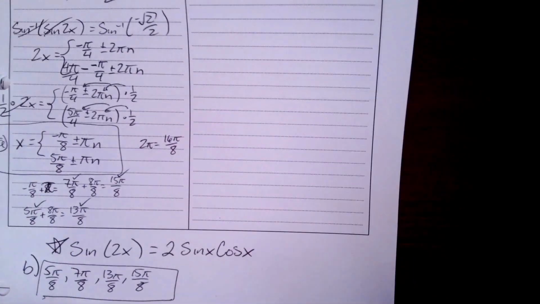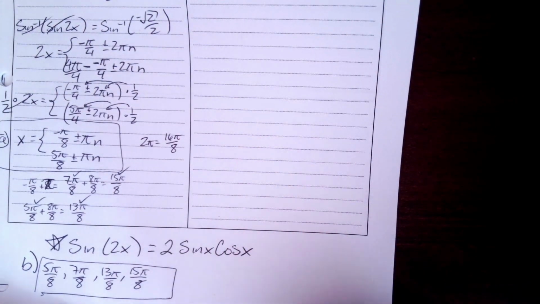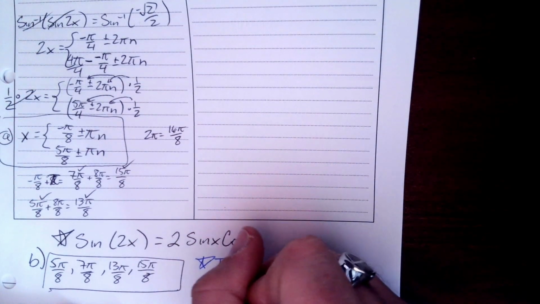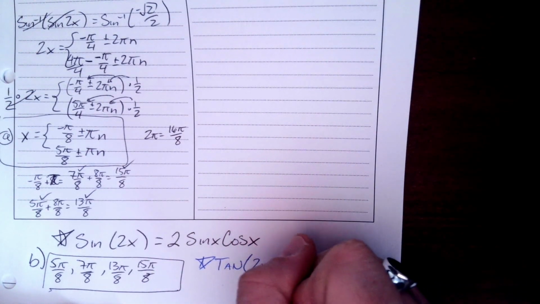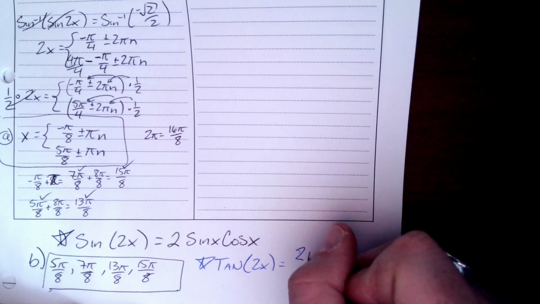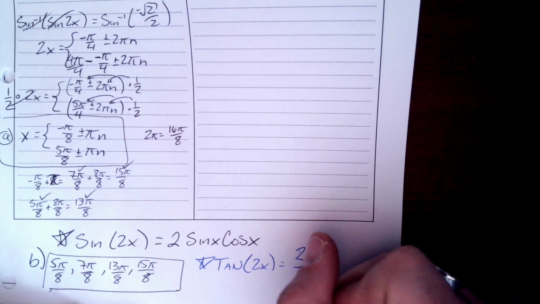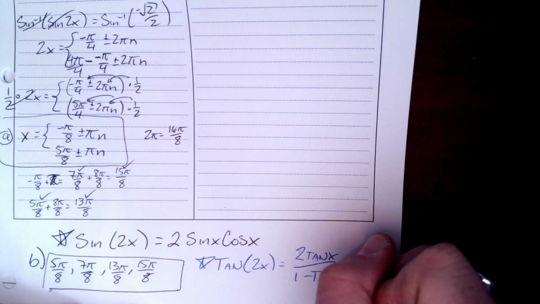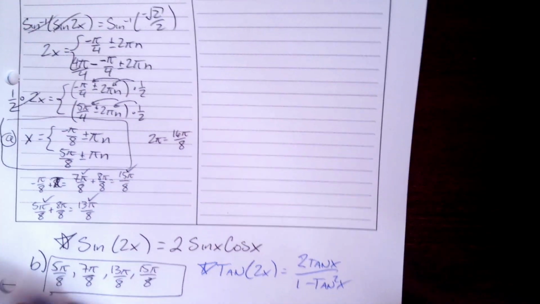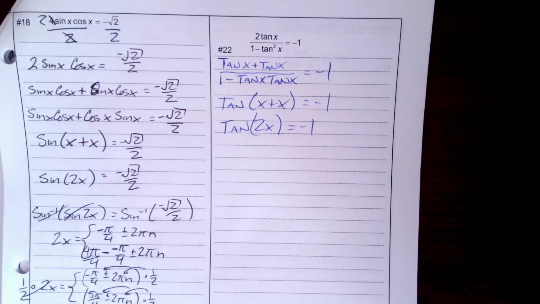And we've created a new rule, like the sine of 2x equals 2 sine times cosine. New rule: the tangent of 2x, or 2a, equals 2 times the tangent of x over 1 minus the tangent squared of x. Anyway, let's continue solving here.